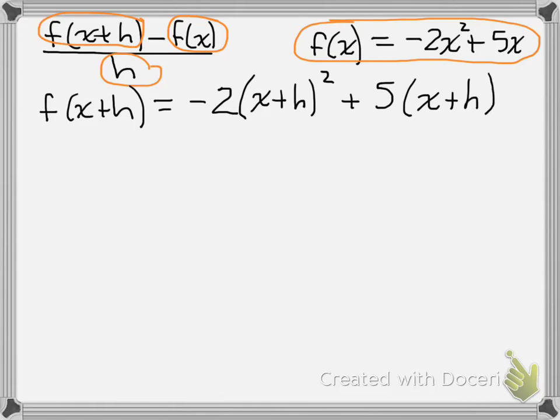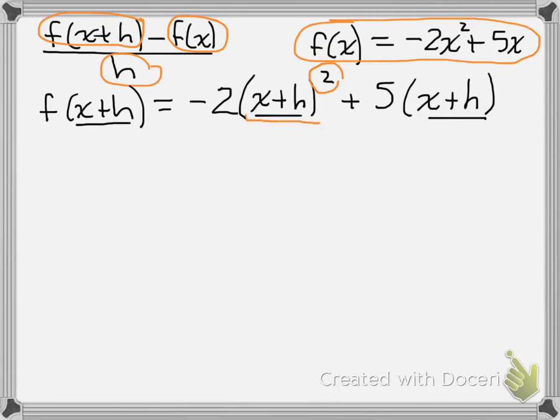Now that we've put in our x plus h, wherever there was an x, we're going to go ahead and simplify that thing. Now the first thing that we want to do, because of the order of operations, we see we have an exponent, so we've got to deal with that first.